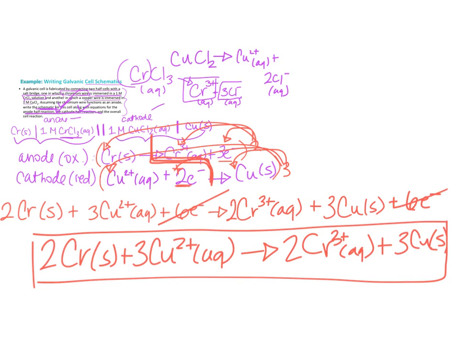So don't be too scared of these, especially because a lot of it is just terms, like knowing cathode, anode, knowing other things like how these ionic compounds dissociate. It's a lot of things, but hopefully you're able to put it all together, especially using this example as your guide.